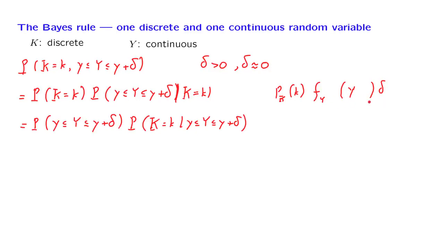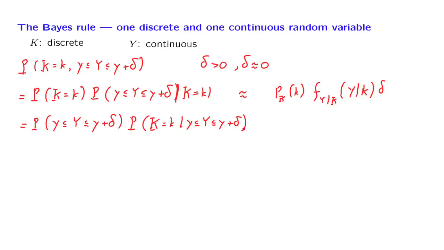And this is an approximate equality. However, because here we're talking about the probability of being in a small interval conditioned on a certain event, we should be using a conditional PDF. It's the conditional PDF conditioned on the random variable capital K and conditioned on the specific event that this discrete random variable takes on a certain value little k.